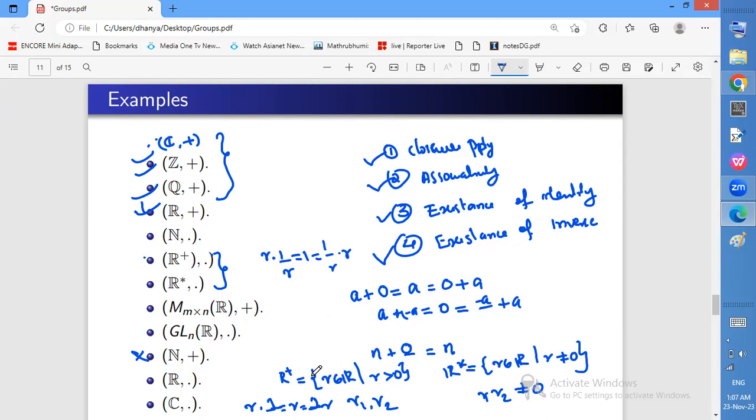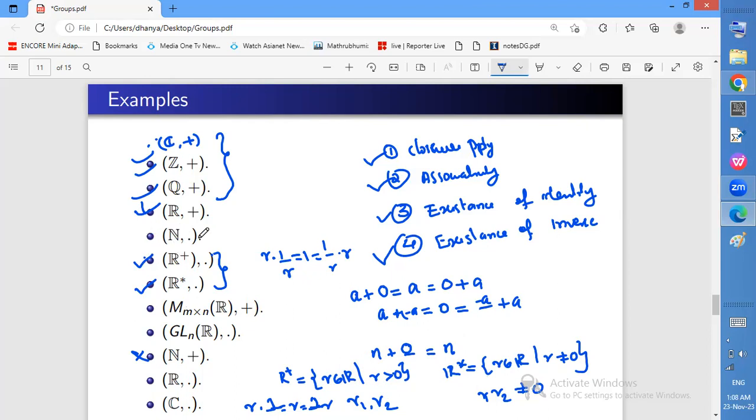This implies that an inverse exists for each element of the set R plus. Similarly, if r is a non-zero real number, 1 by r is also a non-zero real number. So this quantity 1 by r belongs to this set, which implies every element of R star has an inverse. So in both of these cases, condition 4 is also verified. So these two are also examples of groups.